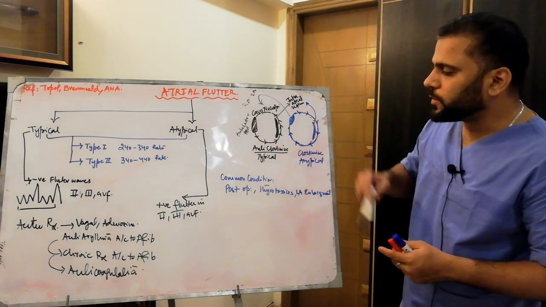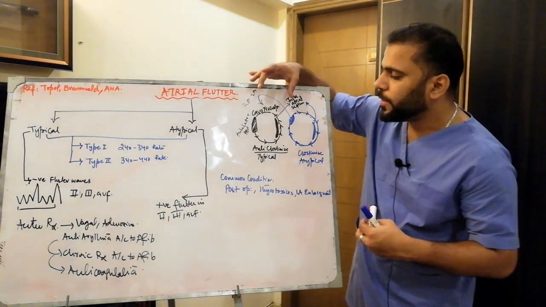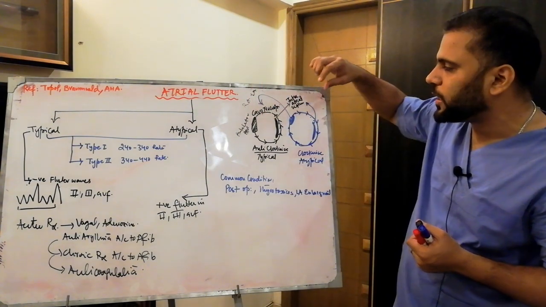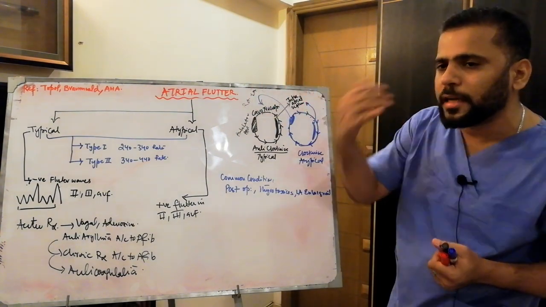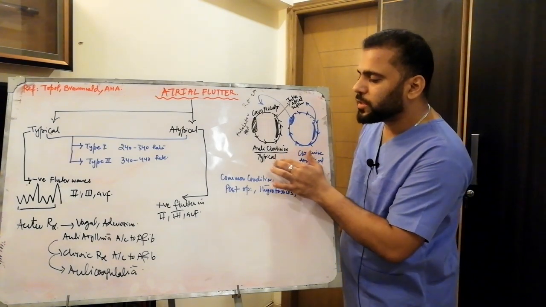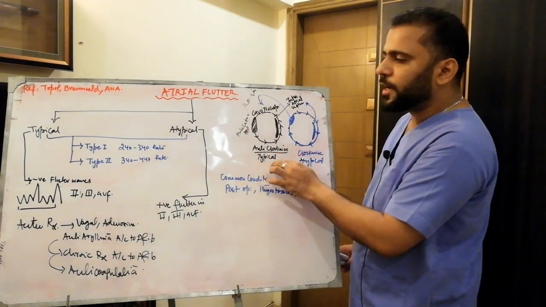Obviously, this circuit between the cavotricuspid junction and the interatrial septum is in an anti-clockwise fashion, and this type of circuit makes typical atrial flutter.